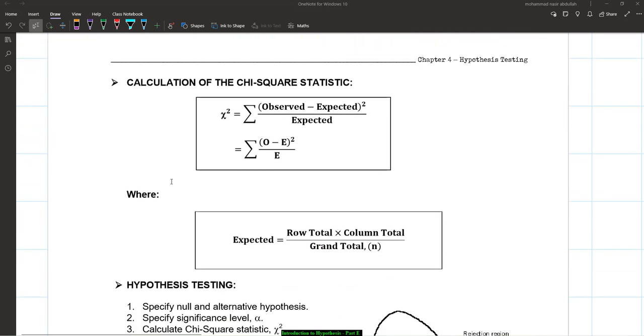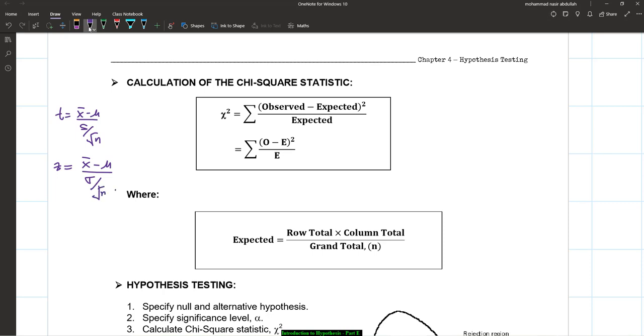So now, the calculation of the chi-squared statistic. In a t-distribution, the t-test statistic is x bar minus mu divided by s over square root of n. For the z distribution, it is x bar minus mu divided by sigma over square root of n.